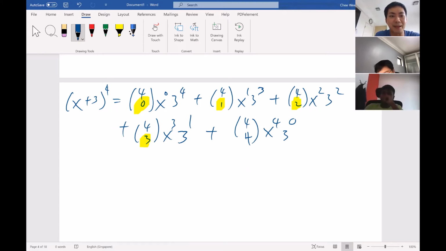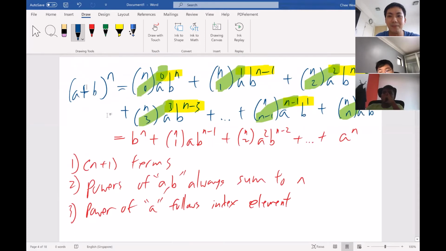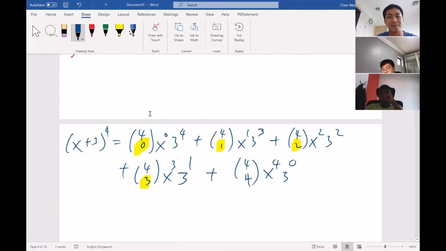Like in this case, my n choose r, the r follows a instead of b, right? That's what you're saying, is it? This is the whole point of today's lesson, Yanni. So don't worry. You just follow my formula above first will do. Oh, okay. This one first, okay? So the 0, right? My index element, the n choose r's r, follows the first term, the a that pops out first. Okay. So I'm just following it here.